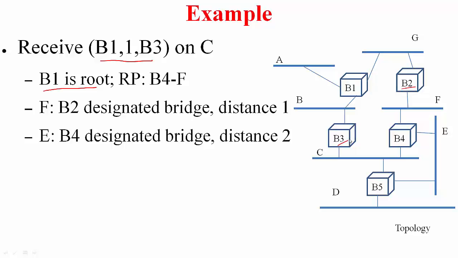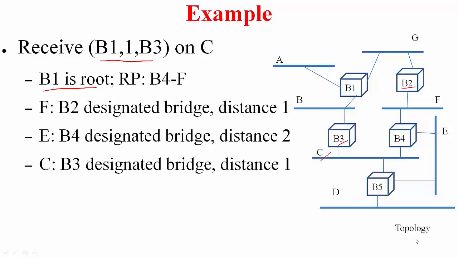What about LAN segment C? Now for C, it is going to update that the designated bridge for C is B3 because it received this configuration message on C and it knows that B3 is closer to B1 than itself. Thereby, it will conclude that B3 is the designated bridge for C. So in response to this configuration message, what does it forward?